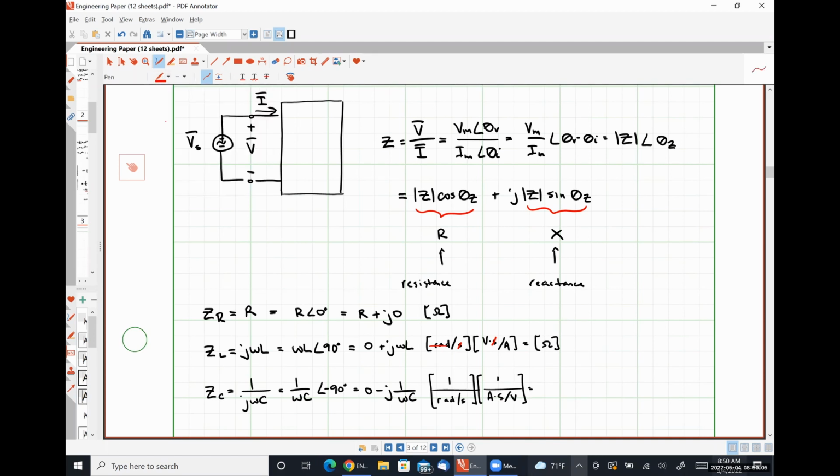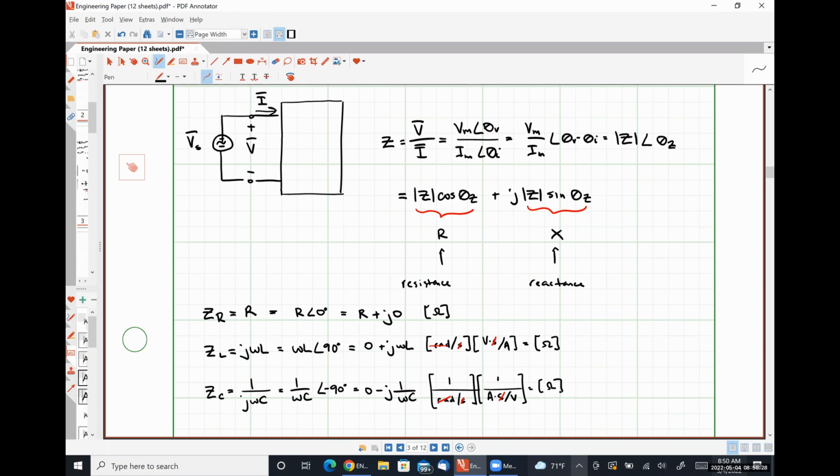So we have seconds and, excuse me, per seconds and seconds canceling each other out. The radians don't do anything, and so we have 1 over amps per volt, which is the same as a volt per amp.